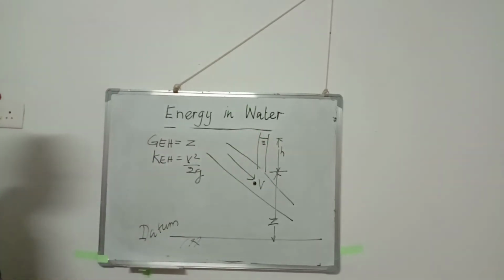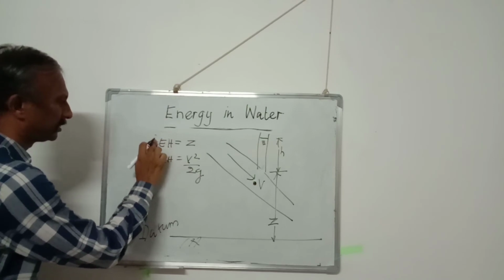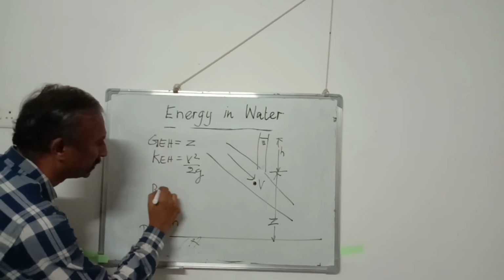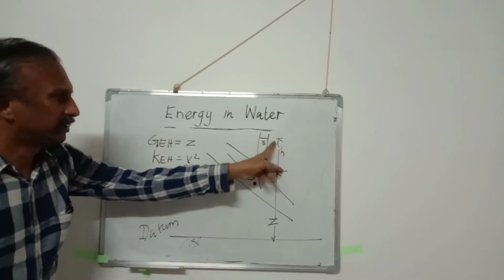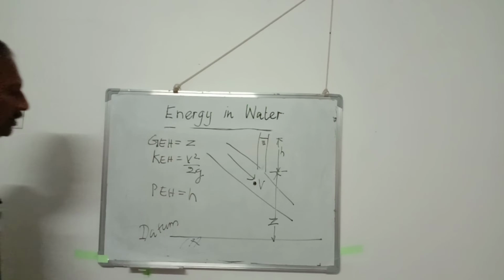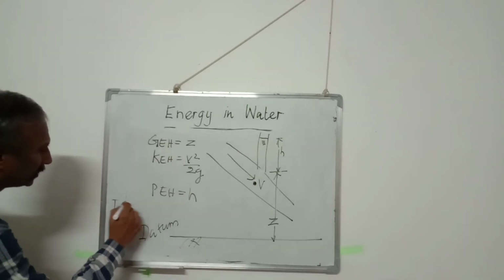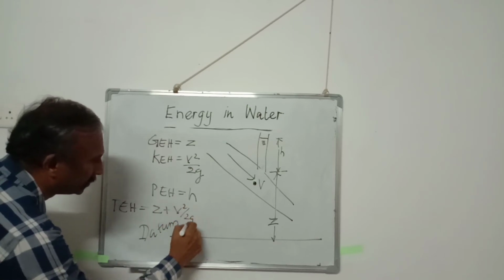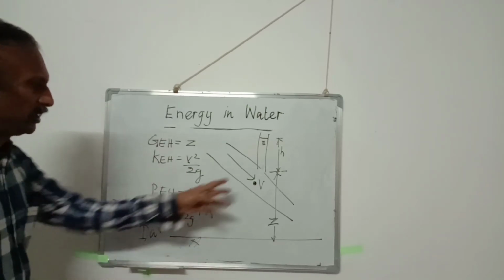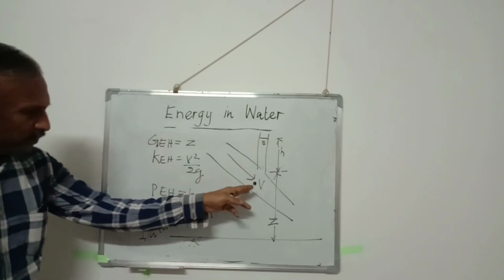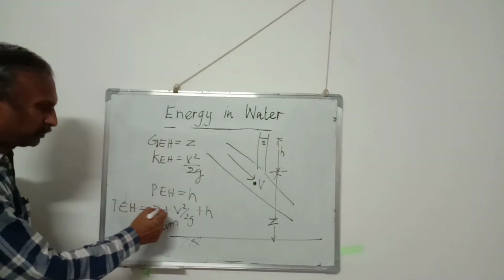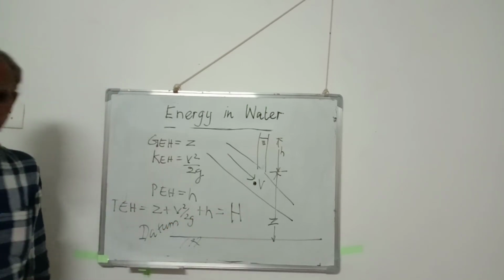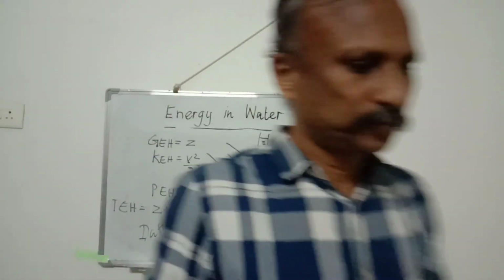Pressure energy head is h. So the total energy head is equal to z plus V squared by 2g plus h. So the total energy possessed by the water per unit weight is equal to z plus V squared by 2g plus h, and that we will denote with capital H.